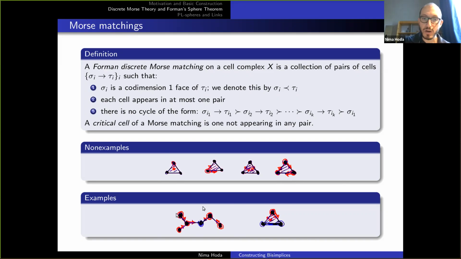And here are a couple examples of actual Morse matchings. In this example, which is a tree, the only critical cell is this blue vertex over here. In this example, there are 3 critical cells. There's this bottom edge, and its 2 endpoints are also critical.